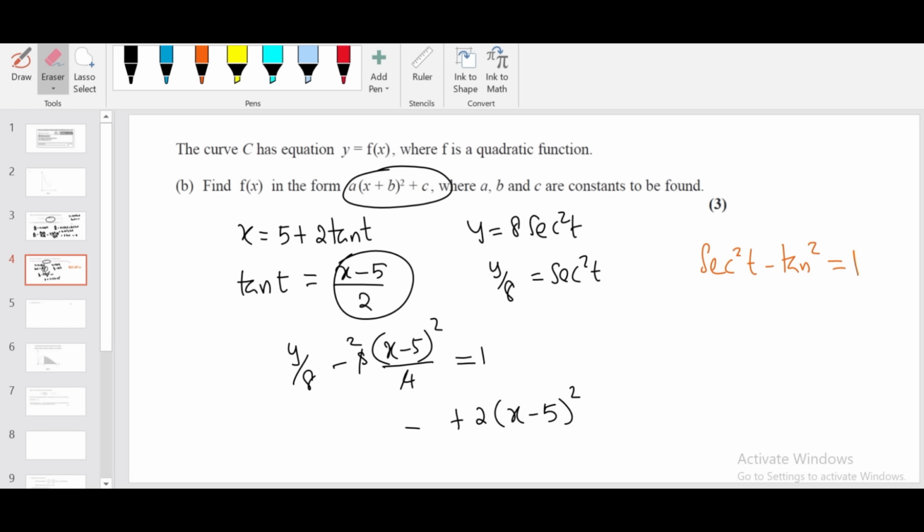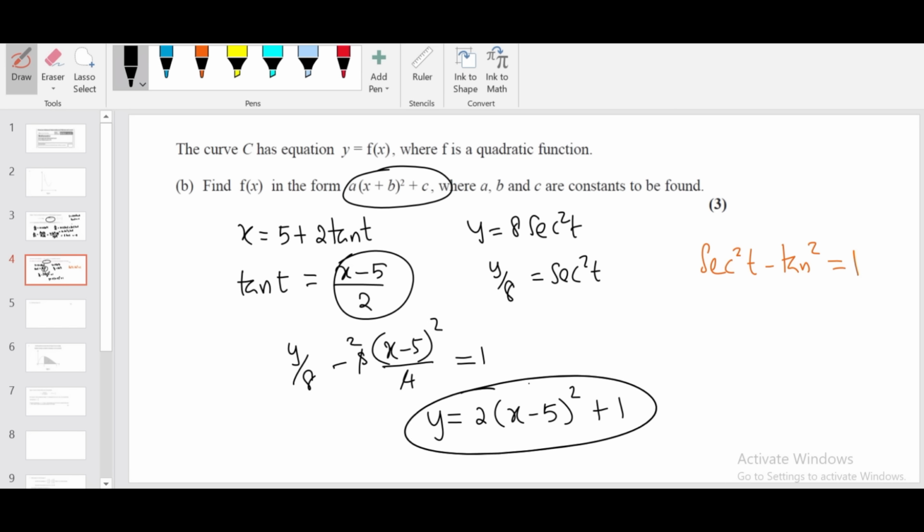Or we'll write it in this form, 2 times x minus 5 whole square plus 8, because it looks exactly like this, where a is 2, b is minus 5, c is 8. So it's not going to be 1. When you multiply by 8, it's going to be 8.